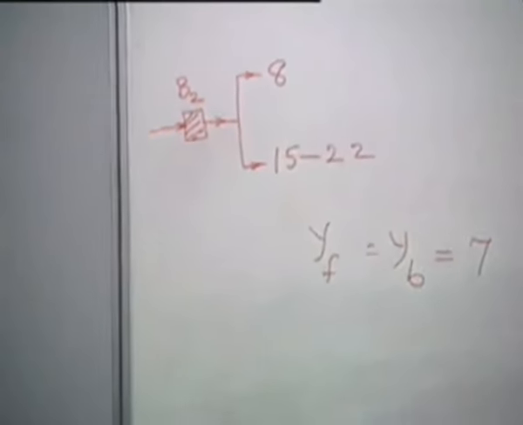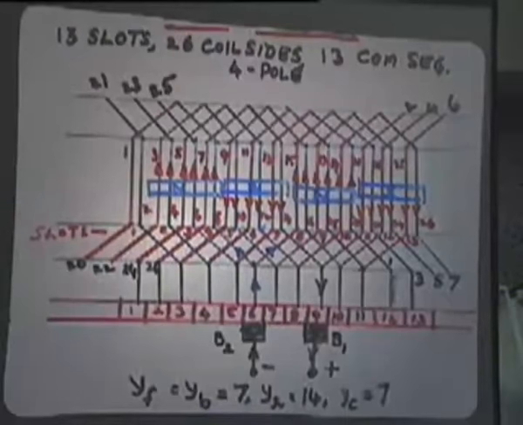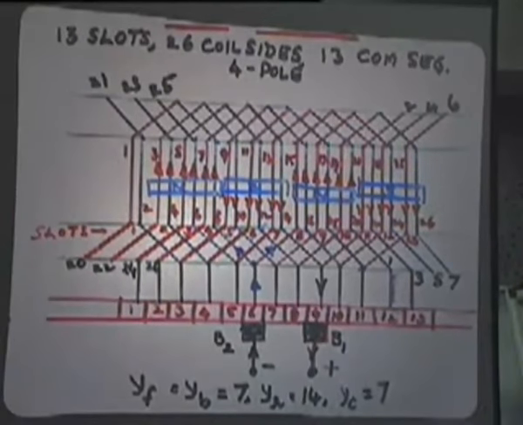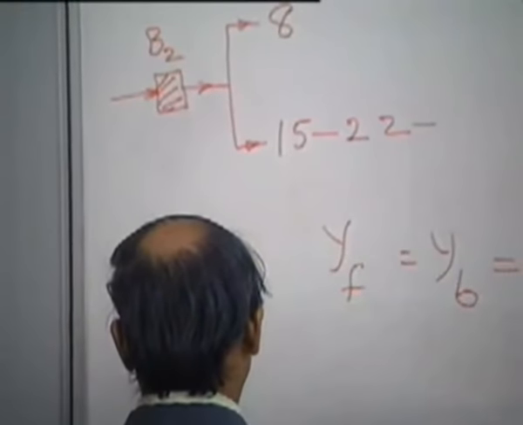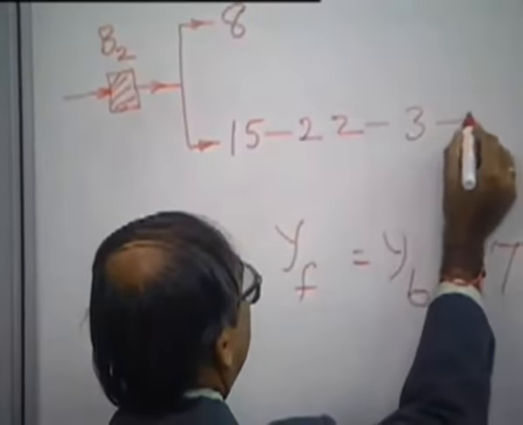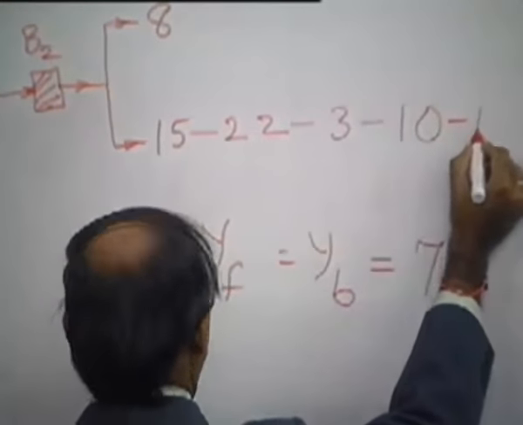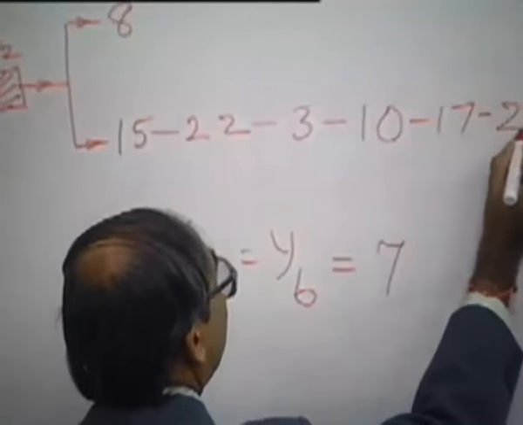In fact, to go back, we can see here YF equal to YB equal to 7, YR the resultant is 14 and YC is 7, that is, the commutator pitch is 7. So these are all written here. These are the numbers. Now, it will pass through 15, then goes to 22, then 29, because there are 26 coil sides, it will go to 3, then to 10, then to 17, then to 24.